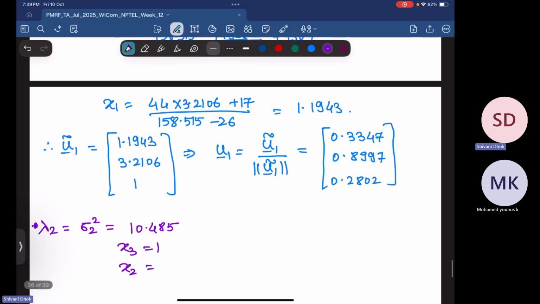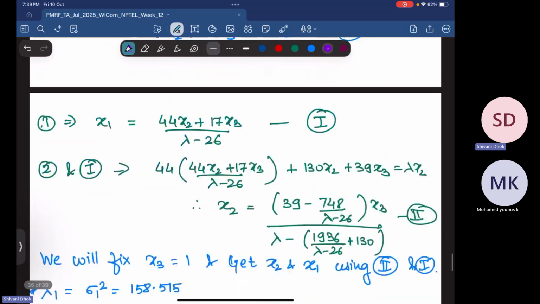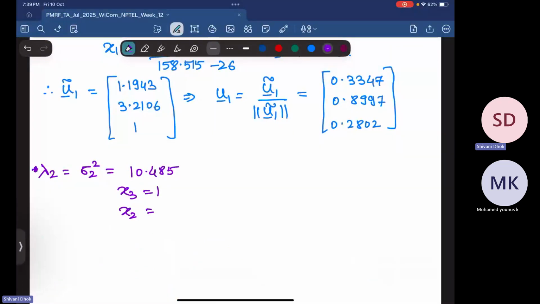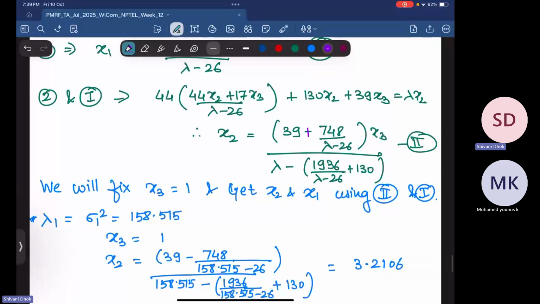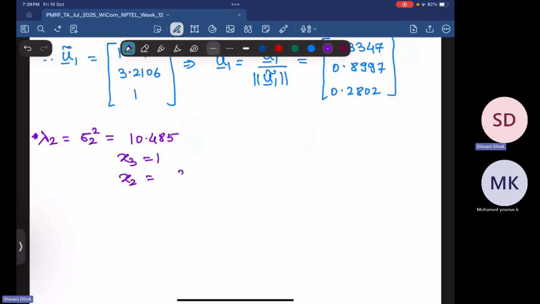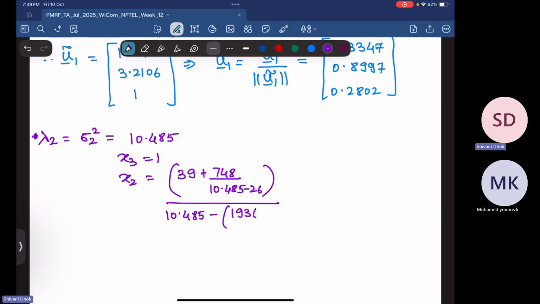So x2 comes out to be equal to, in this equation, we'll substitute 39 plus 748 divided by 10.485 minus 26 into x3, that is 1, divided by 10.485 minus 1936 upon 10.485 minus 26 plus 130.